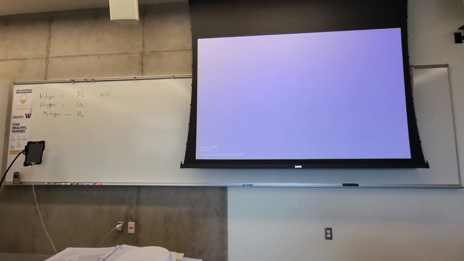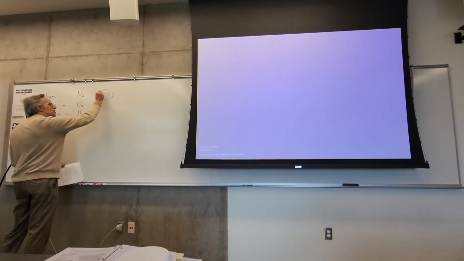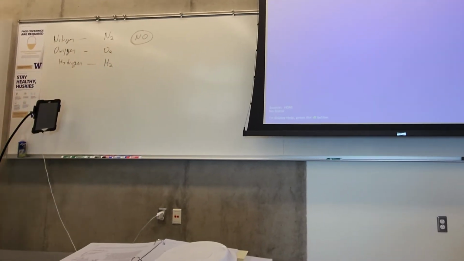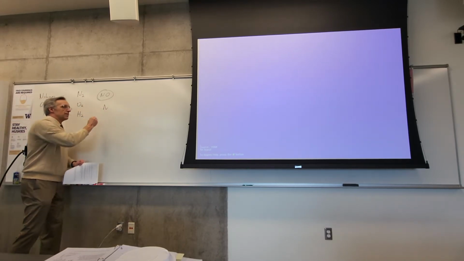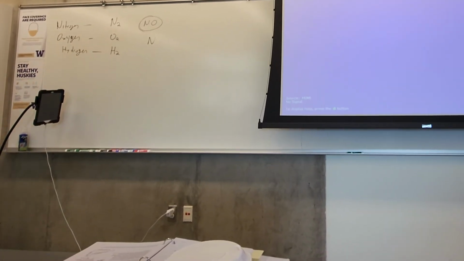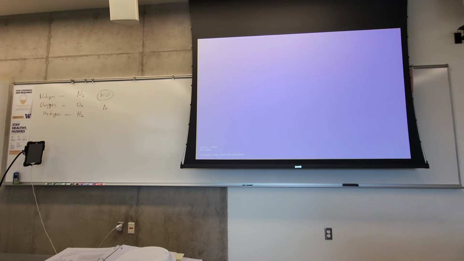But this kind of reaction generally only happens at very high temperatures. It happens in combustion, for example, of fossil fuel. But nitrogen just by itself like that doesn't really exist for the most part, except in very unusual circumstances. Even more so with hydrogen and oxygen.